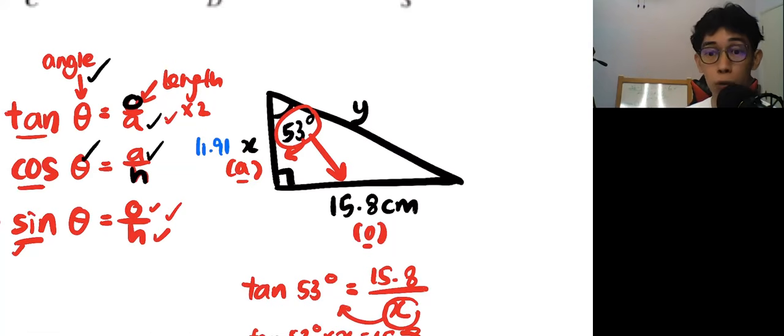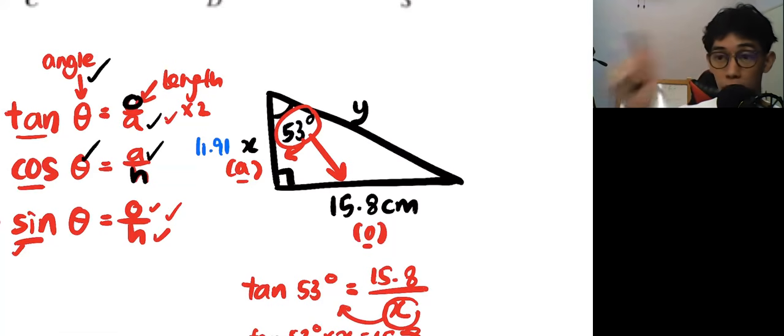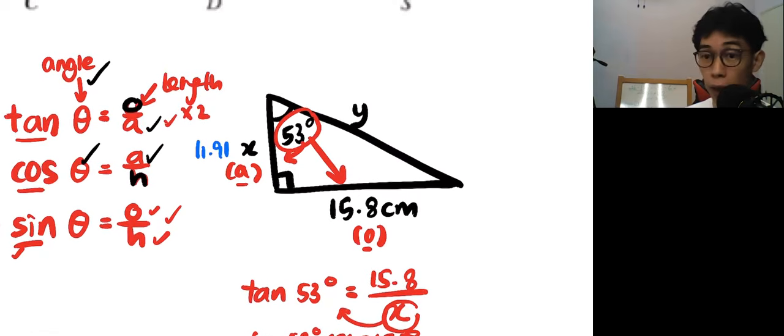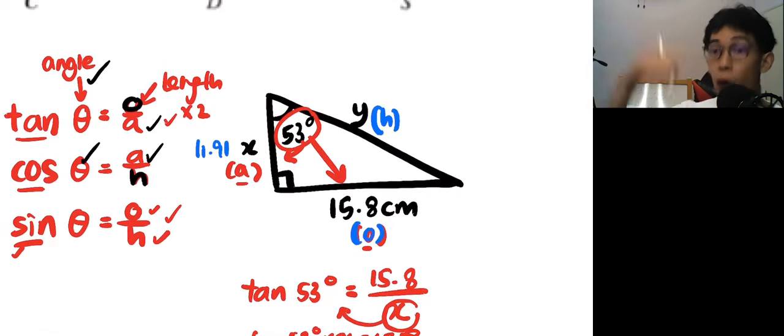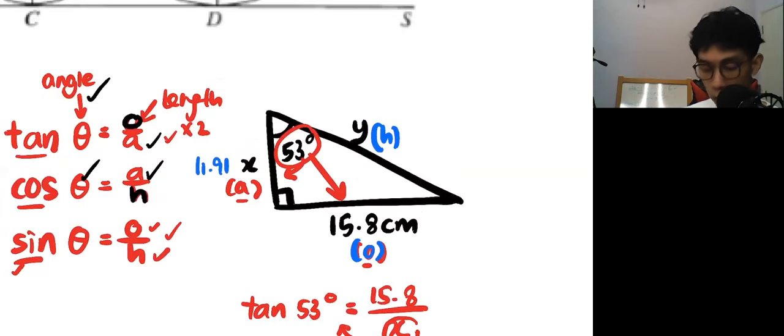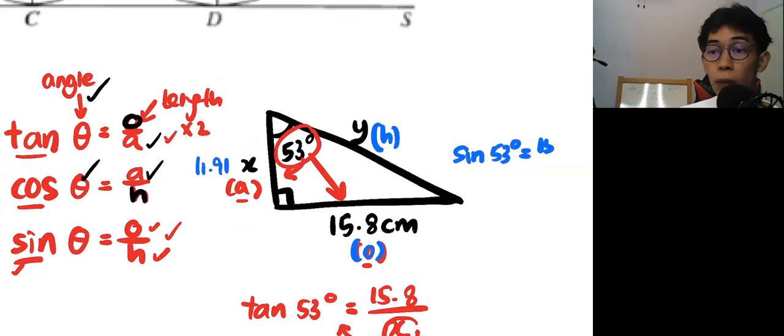I will go back to my trigonometry using the given original information from the question, 53 degrees and 15.8. So I'll be using opposite, matched with my hypotenuse, and now I will go for SOH, sine. I'll be writing the workings here using blue color. Sine 53 degrees equals 15.8 over Y. Then you do the linear equation.